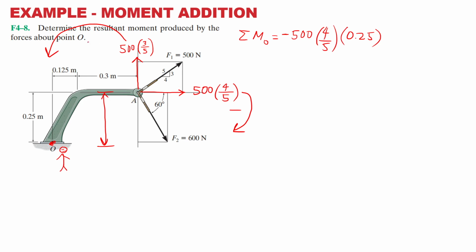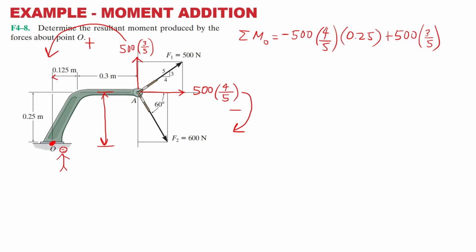So this one is definitely positive. I'm not making any mistake because I know where I am. I draw myself here. So 500 times 3 over 5, times the distance.